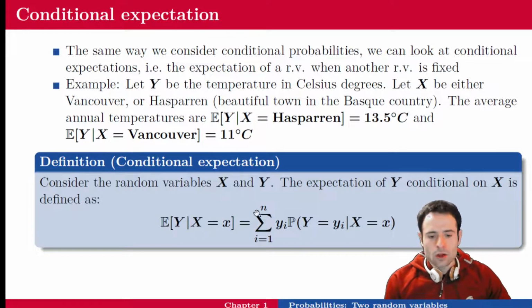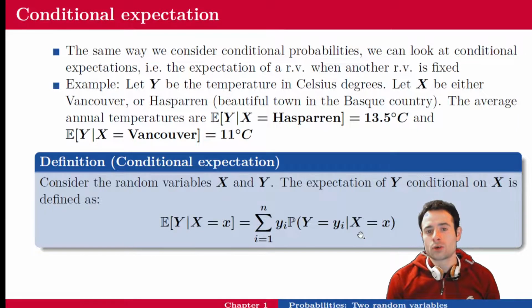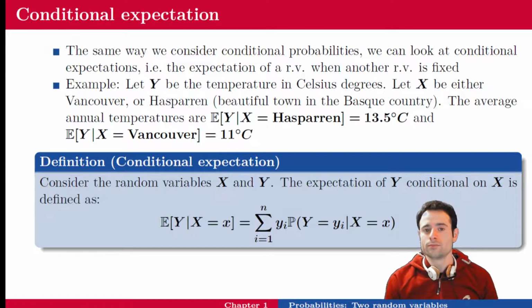Then I can compute the average temperature given that I am in Asparin by looking at all the different temperatures we had, times the frequency at which they happened during the year. But because I say given we are in Asparin, I will only be looking at the temperature from Asparin. And you could do the same in Vancouver.